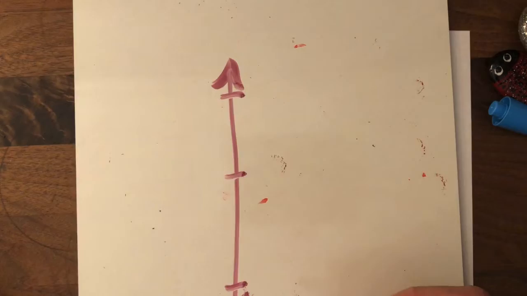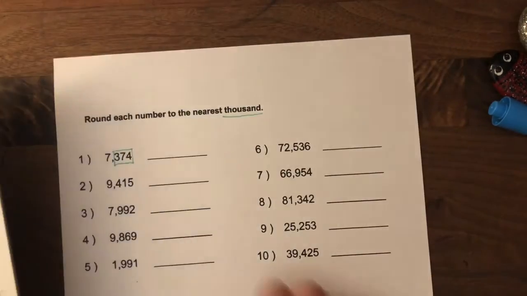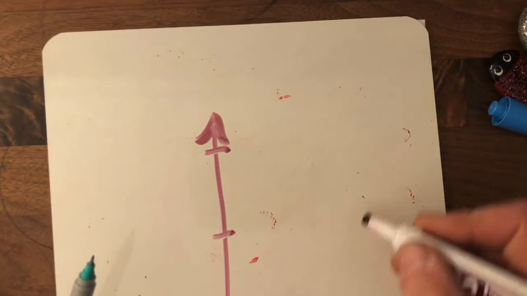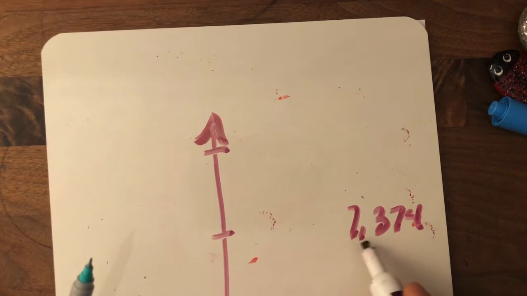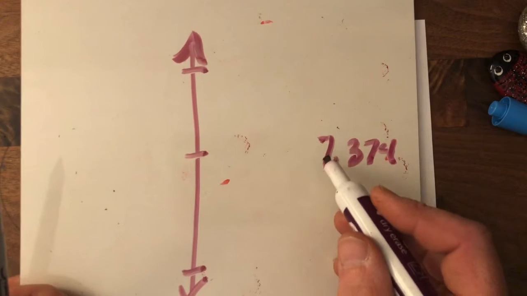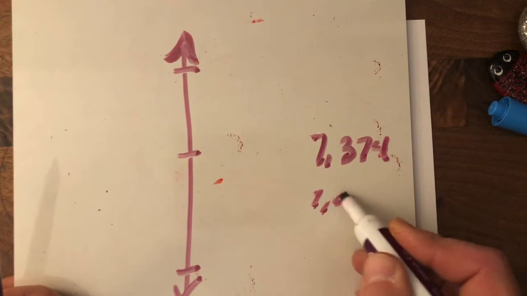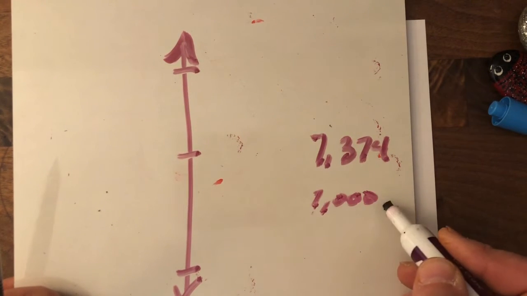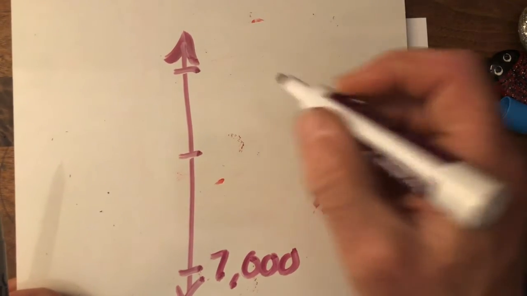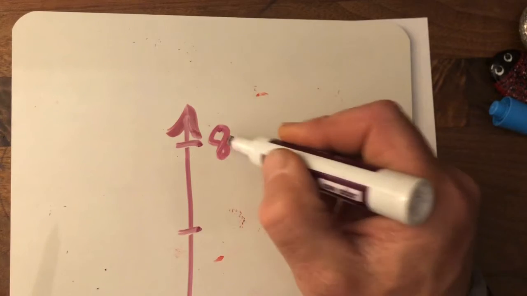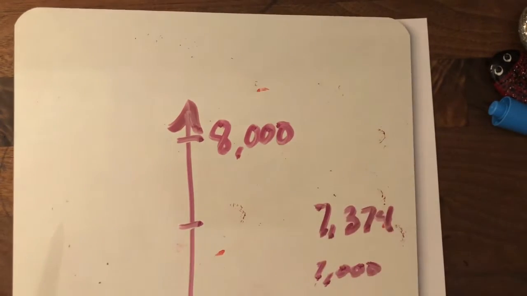I got 7,374. All right, so I know that rounding to the nearest 1,000, my low 1,000 is just 7,000. I'm just taking that 7 and adding zeros, okay? The next 1,000 up is just one more 1,000, so it'd be 8,000 up here like that, okay?